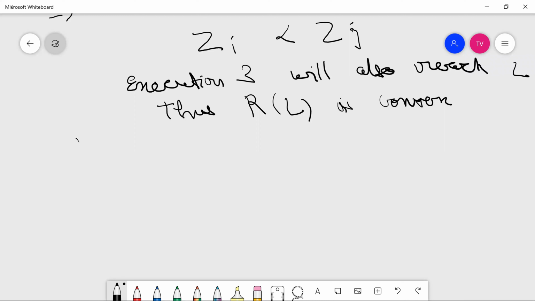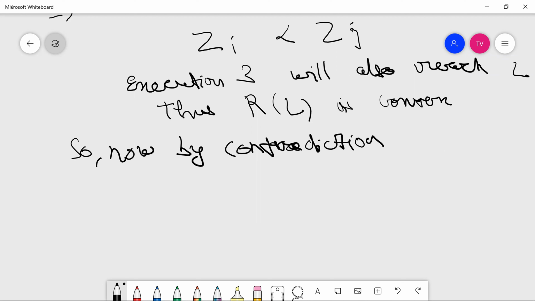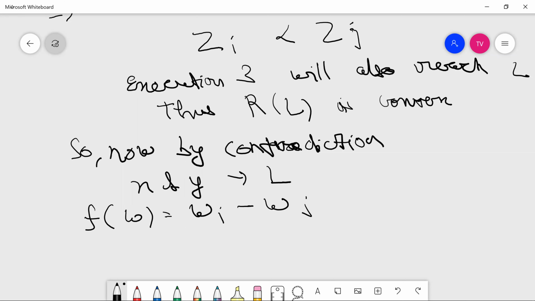So now by contradiction, we will say that x and y reach different leaves, whereas z is not distinct. Let f of w equal w of i minus w of j.